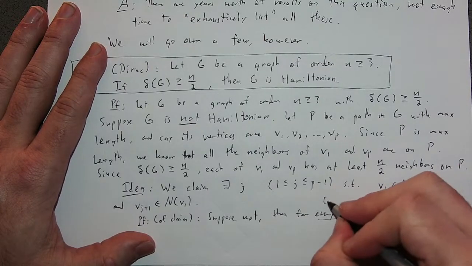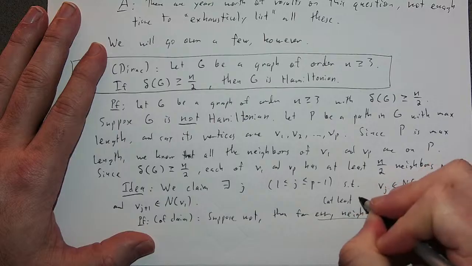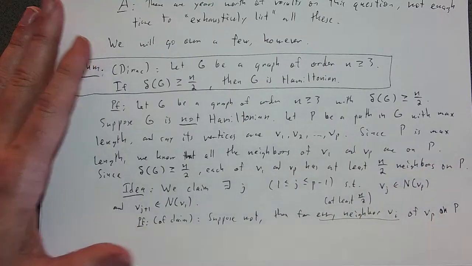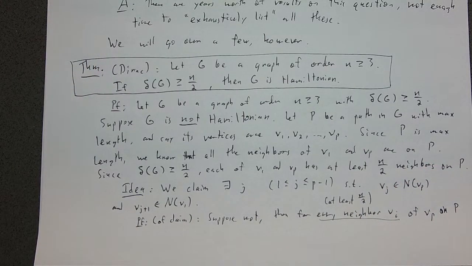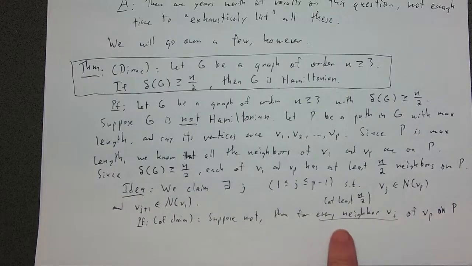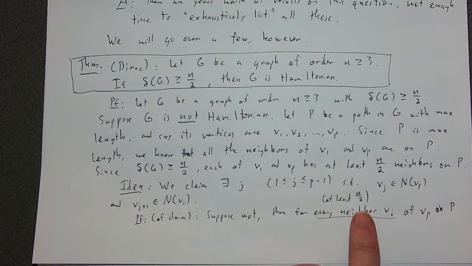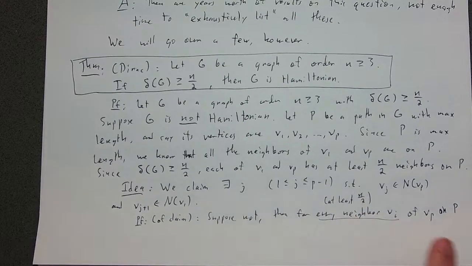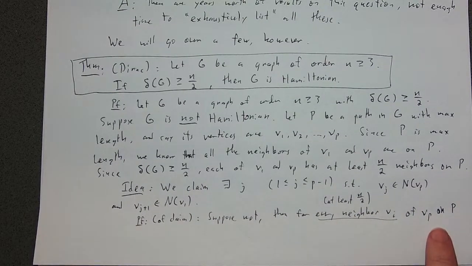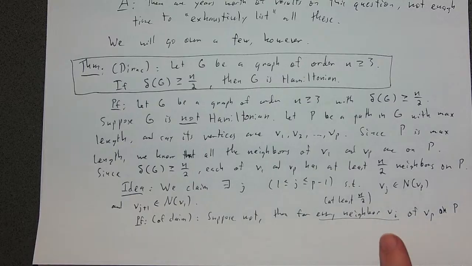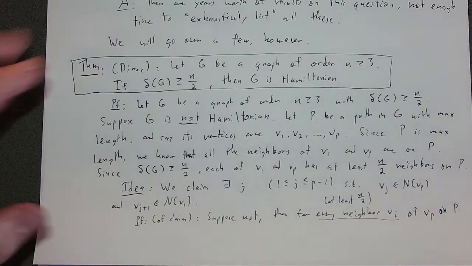There's at least n over 2 such neighbors by this minimum degree estimate. Yes, Phantom, delta of G is the minimum degree of a vertex in G, so it's the minimum amongst all degrees of all vertices. So suppose not, then for every neighbor of VP on P, there are at least n over 2 of them by this minimum degree estimate, V sub i plus 1 is not a neighbor of V1.